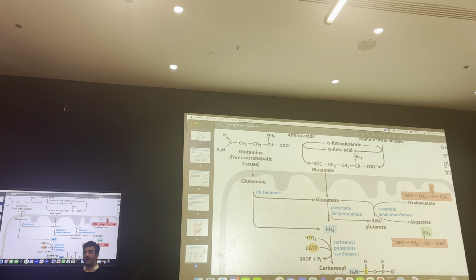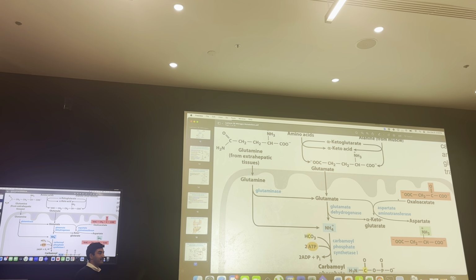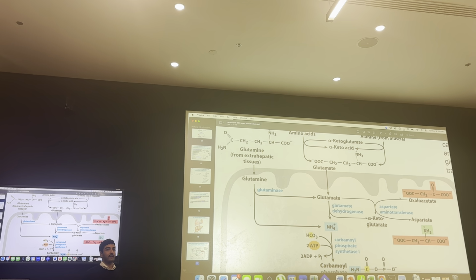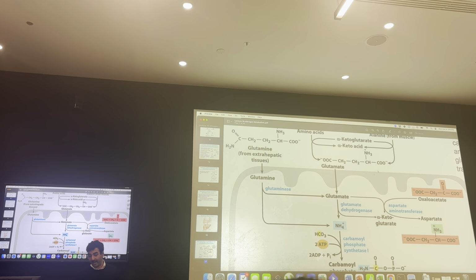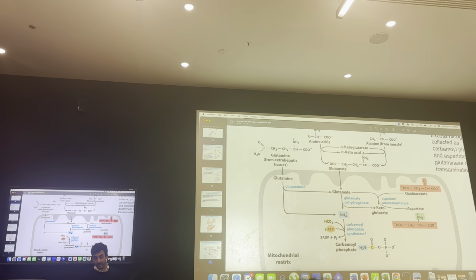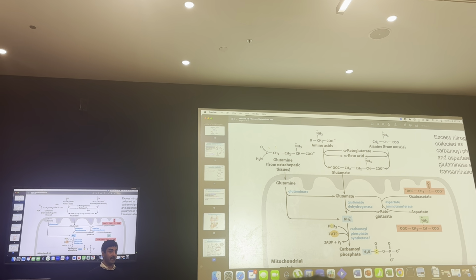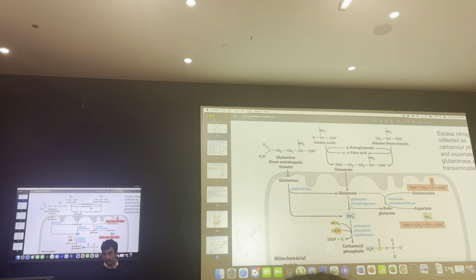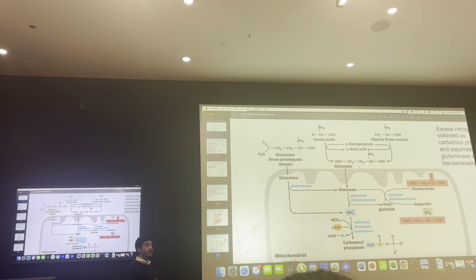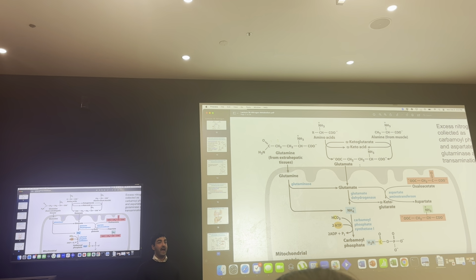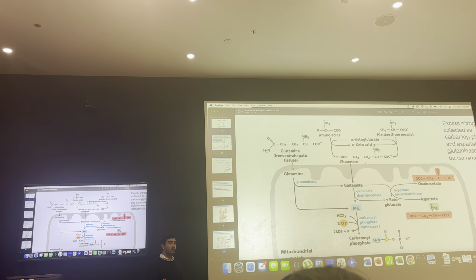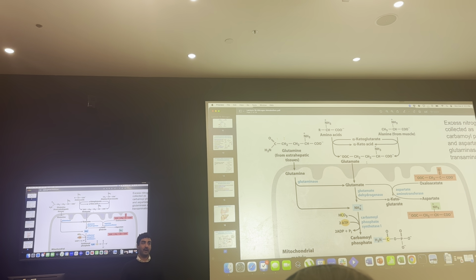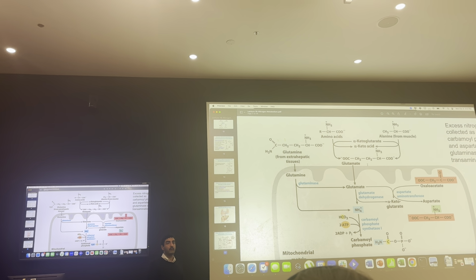A lot of pathways will convert between other molecules simply to get around these transporters, or rather, quite literally get through the transporters. But yes, no matter the amino acid, you want to converge on glutamate. One, it utilizes the same transporter, and once it's in the mitochondrial matrix, they can all use the same enzyme, rather than having 20 different enzymes and 20 different pathways to get to the urea cycle later on.